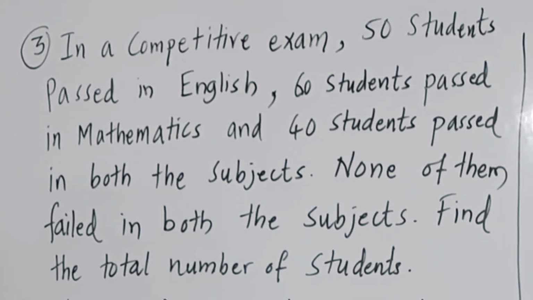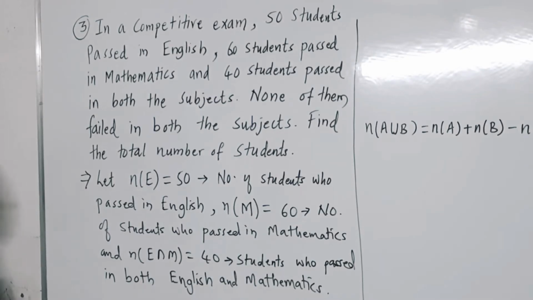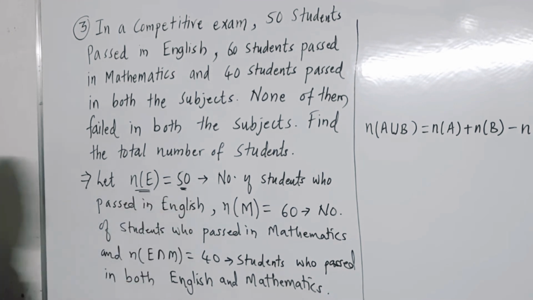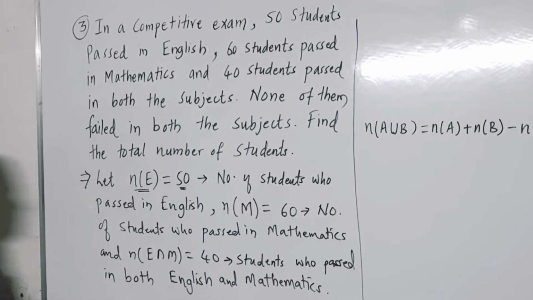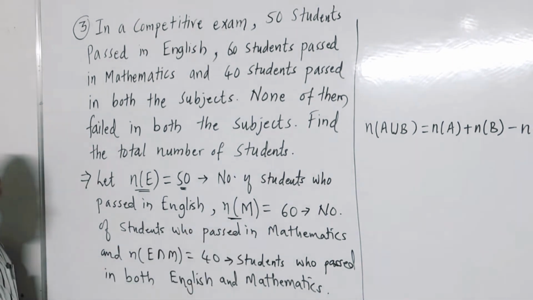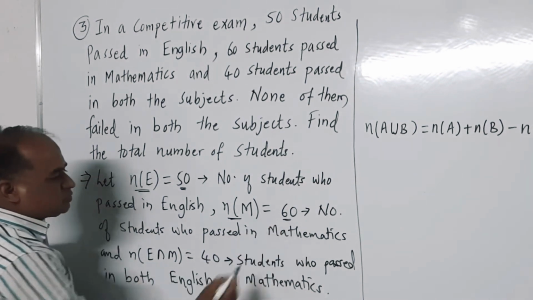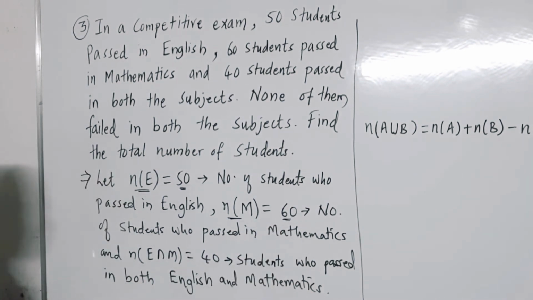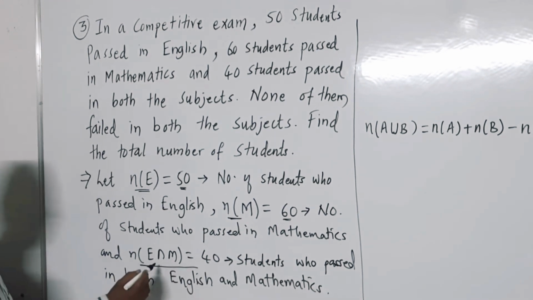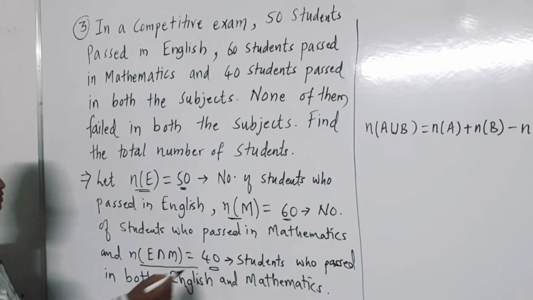So let us assume that E denotes the number of students who passed in English, that is 50, and M denotes the number of students who passed in mathematics, which is equal to 60, and the number of students who passed in both English and maths, that is n(E intersection M), is equal to 40.